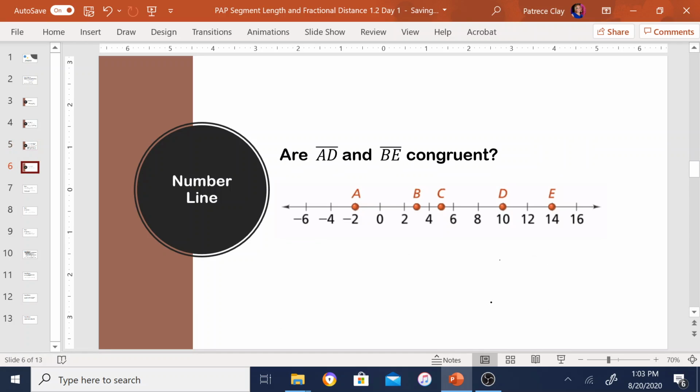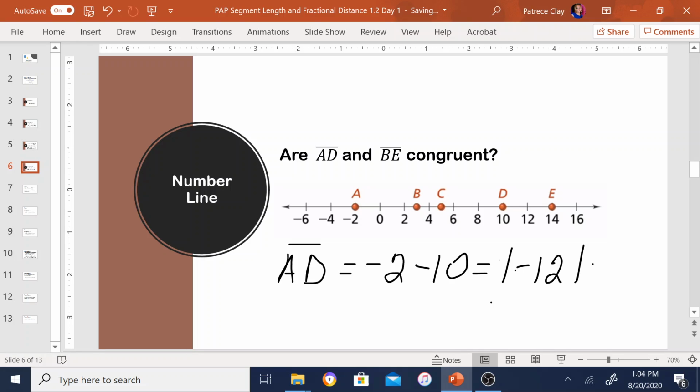Okay, let's try 2 more to practice. Are our line segments AD and BE congruent? Start off with AD first. It's equal to -2 minus 10, the absolute value of 12. So this is equal to 12.